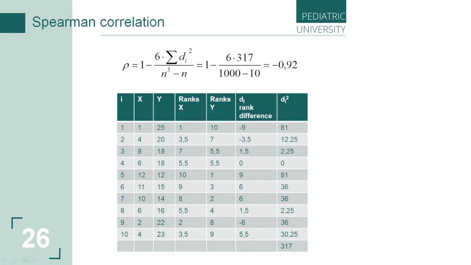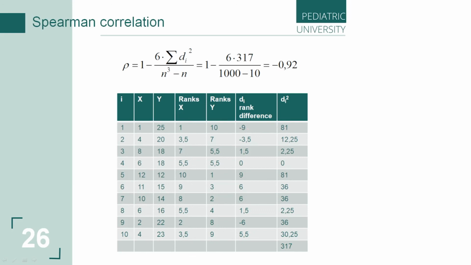After putting the ranks for the x value and for the y value, we calculate the difference of the ranks and square it.